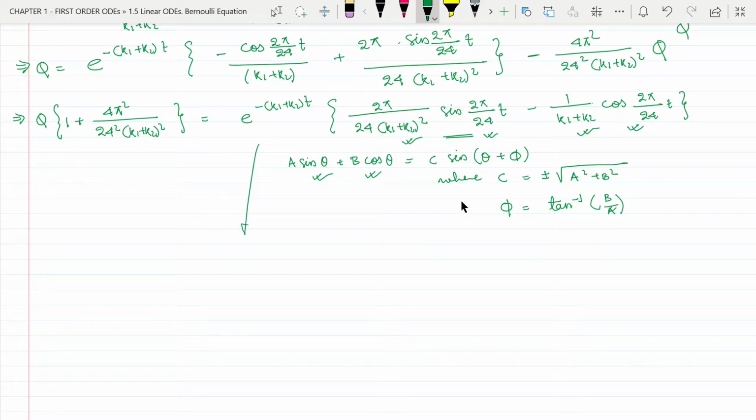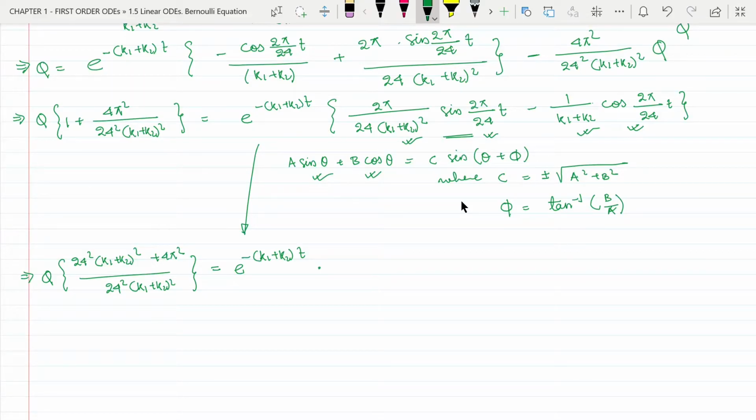So from here we can write, this implies q multiplied by 24 square (k1 plus k2) square plus 4 pi square divided by 24 square (k1 plus k2) whole square equal to e to the power minus (k1 plus k2)t multiplied by c, which is plus or minus square root of a square plus b square.